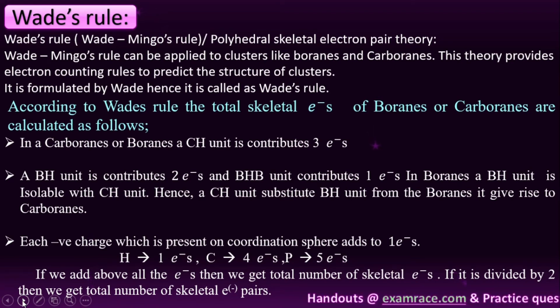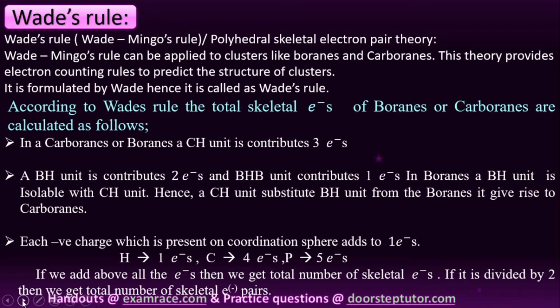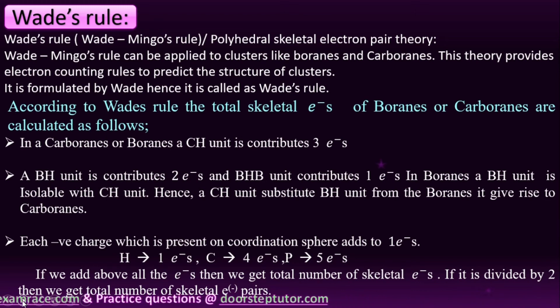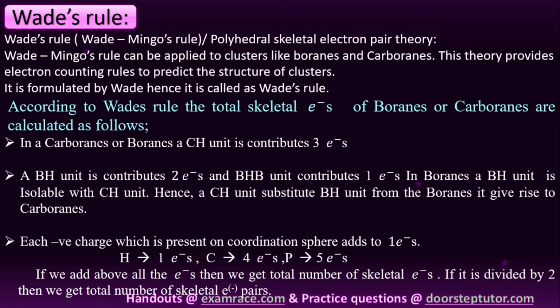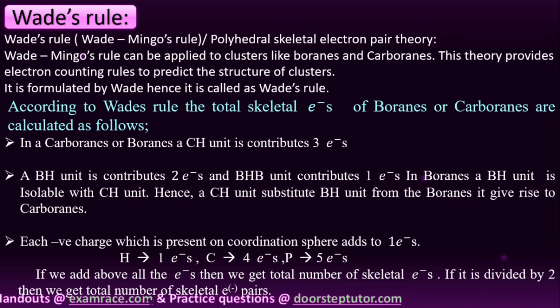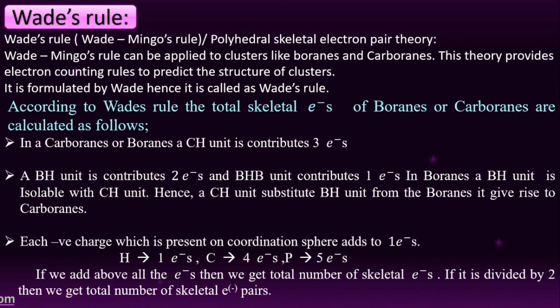In boranes, a BH unit is isolobal with a CH unit, hence a CH unit can substitute a BH unit from the borane and give rise to a carborane. Means what, student? If carbon is there, we can replace it with BH, and it turns into a borane. And in place of boron, you can substitute CH, and it turns into a carborane. So the CH and BH units are mutually isolobal.